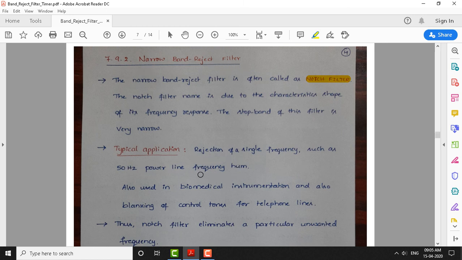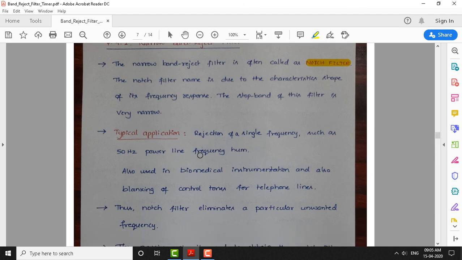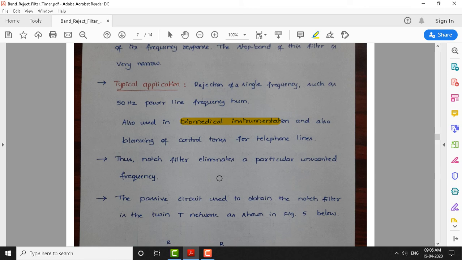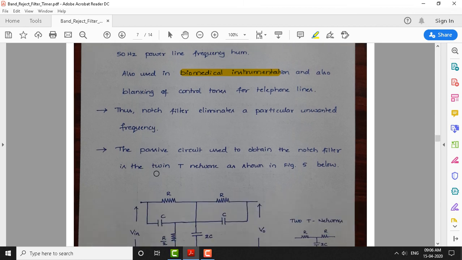Not only in power lines, but also in the biomedical instrumentation field, and also in blanking of control tones in the telephone lines. In these applications, the narrow band reject filter can be used. The band reject filter or notch filter eliminates a particular unwanted frequency. We'll see that from the frequency response.